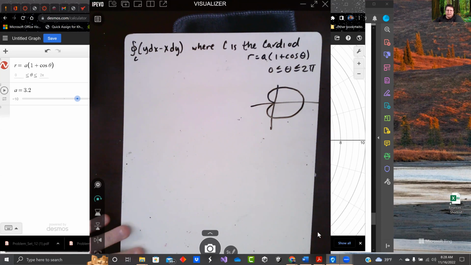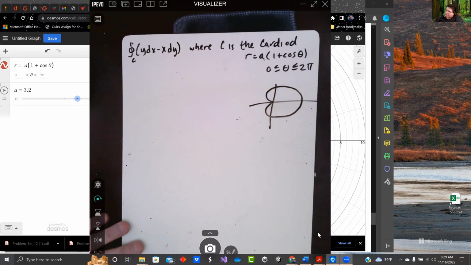I don't know that that line integral is going to be fun in any way, shape, or form. I don't even know that the area is going to be fun, but in the area we could shift to polar and use polar coordinates.